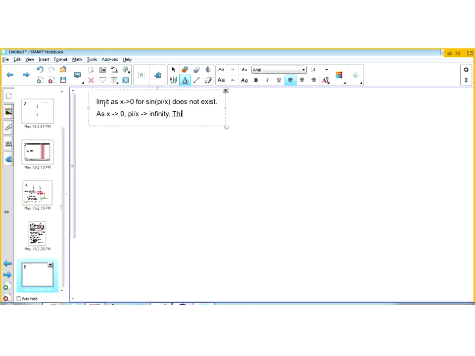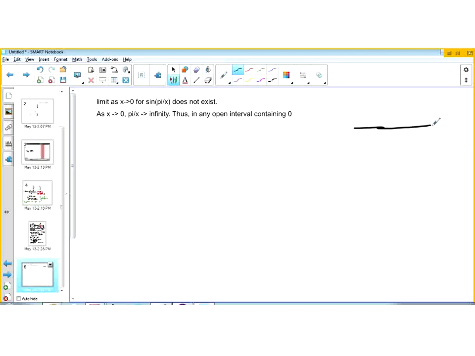Thus, in any open interval containing 0, do you know what I mean by an open interval containing 0? Let me show you. So here's an open interval. Here's 0 on my x-axis.